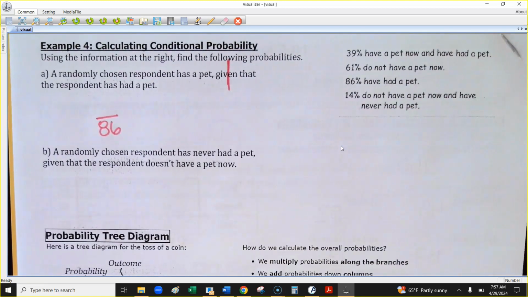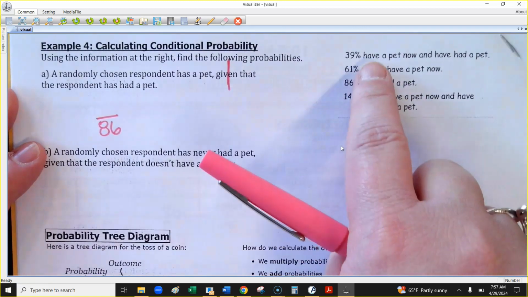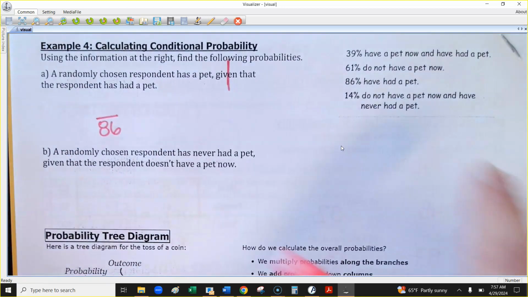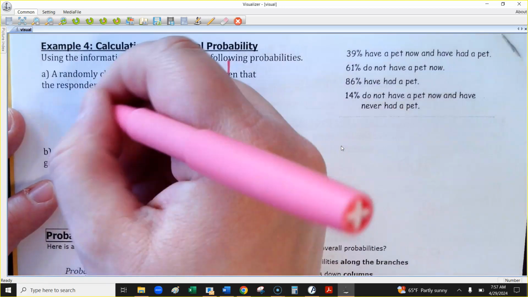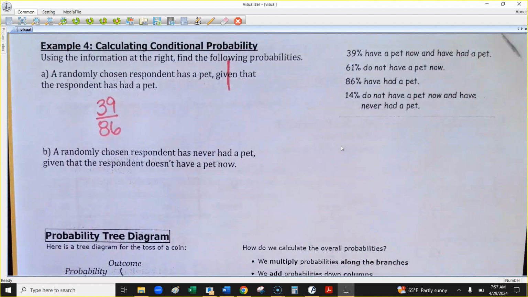You could use a decimal, it would give you the same thing. But 86 have had a pet. And then it says 39% have a pet now. So randomly choose a person, they have a pet, that would go in that 39% category across the top. I don't think that reduces, but I'm just going to check real quick. And it does not. So that's all you would have to do there.